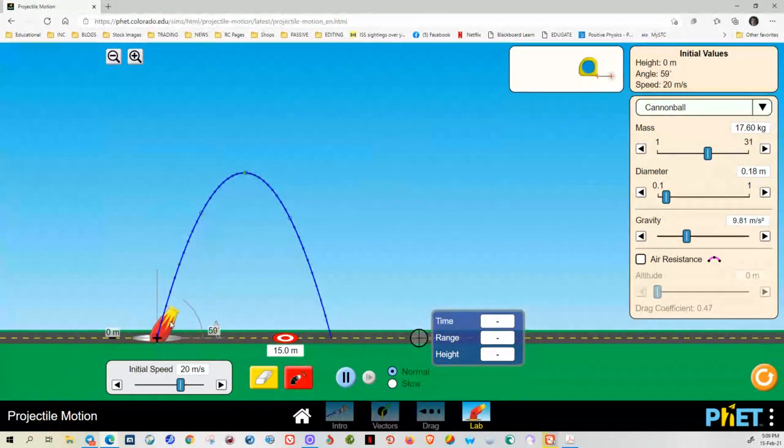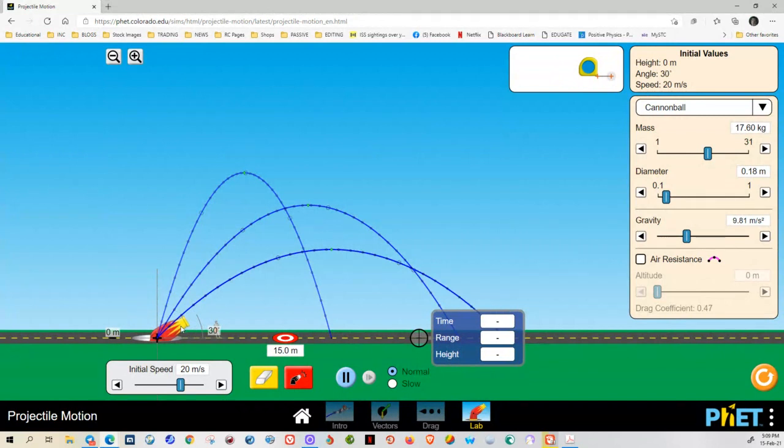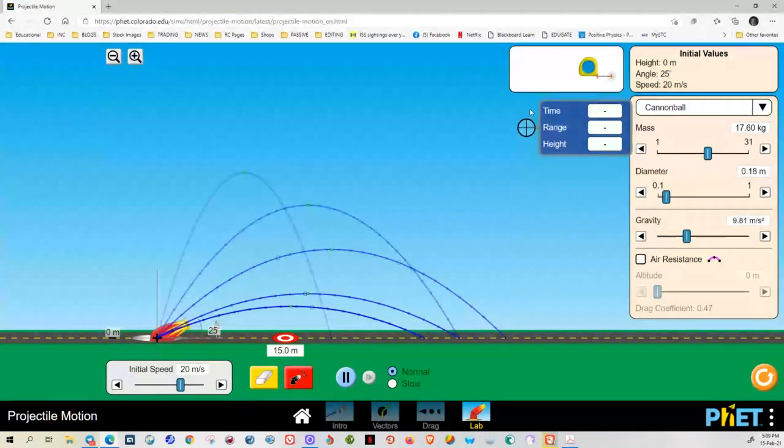What else? 60, 45, 30, and 25, with the complete lines like this.